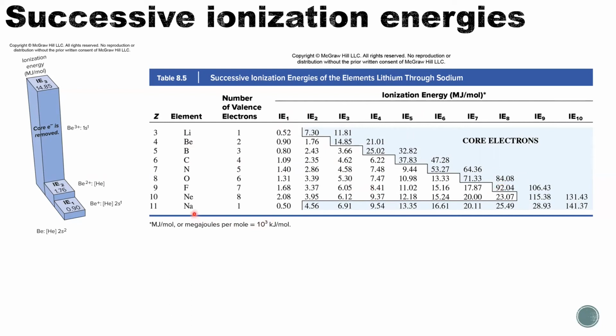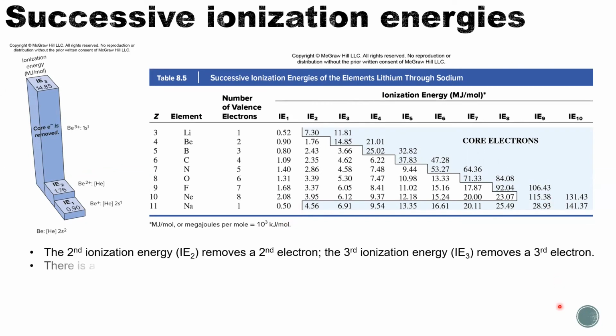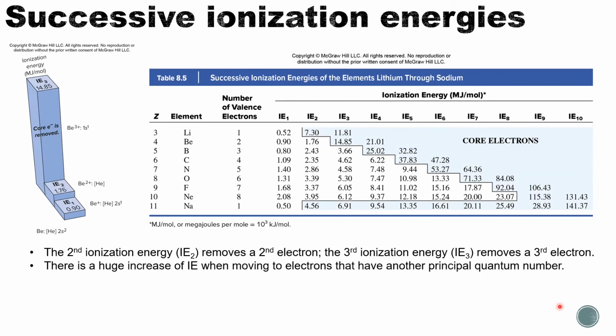And also for sodium, although it's one row higher, we are jumping from 3 level orbitals to 2 level orbitals. There's also a huge jump. And from the 2 level orbitals to 1 level orbitals, there's another huge jump. There is a huge increase of ionization energy when moving to electrons that have another principal quantum number.